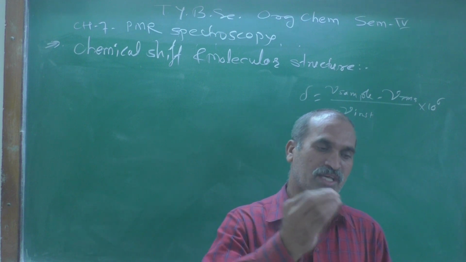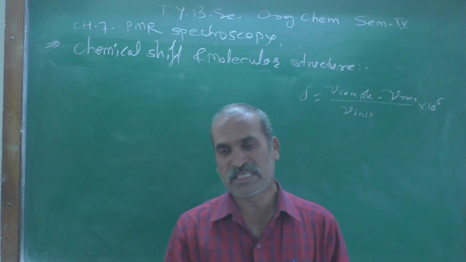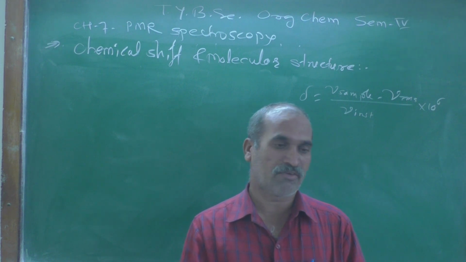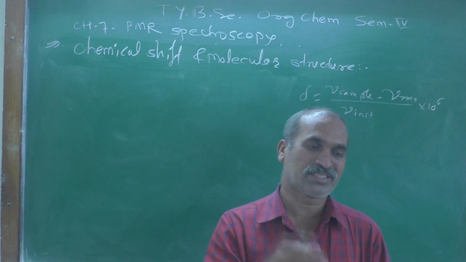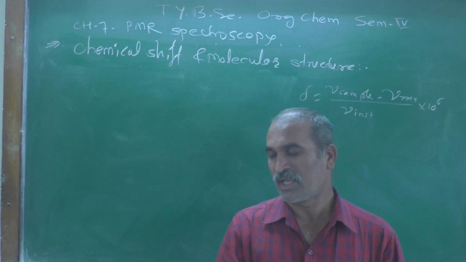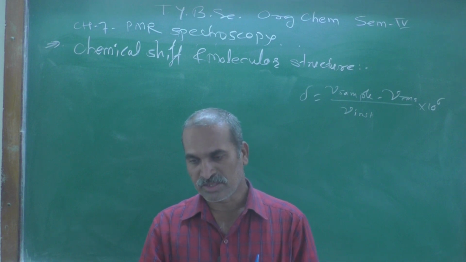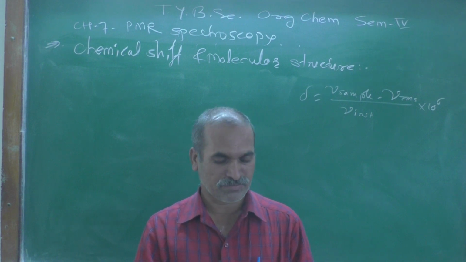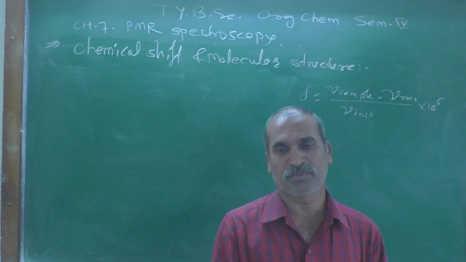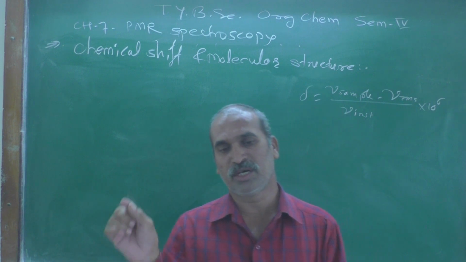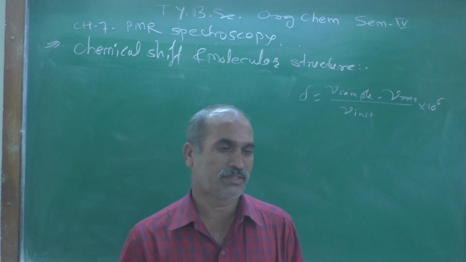If protons fall in a shielding zone, they are more shielded and hence the delta values are low. So olefinic protons are found to be more de-shielded as compared to saturated protons.